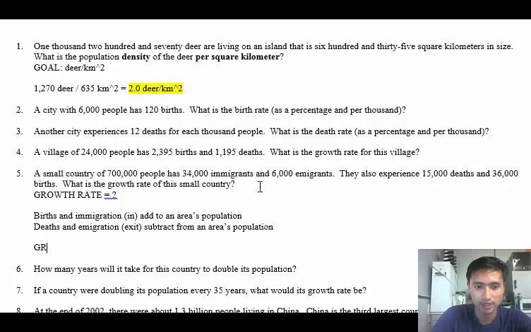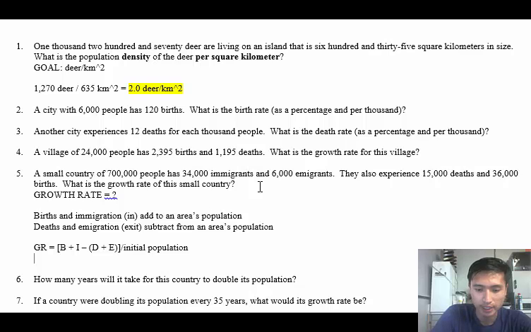So what you're going to do to find the growth rate, you're going to take the number of births plus the number of immigrants, and you're going to subtract all deaths and all emigrants. But not only are you going to do that simple addition, simple subtraction, you're going to take that sum as a numerator and divide it by the initial population.